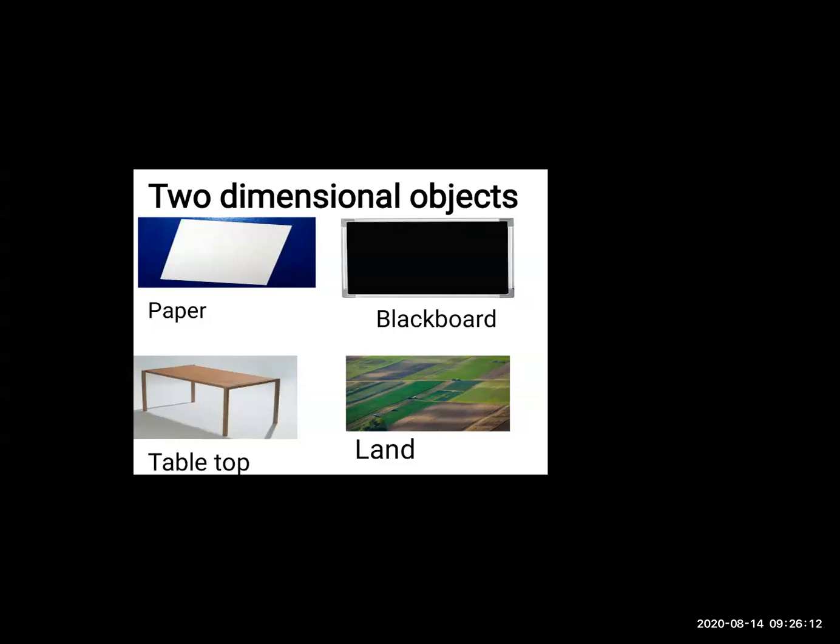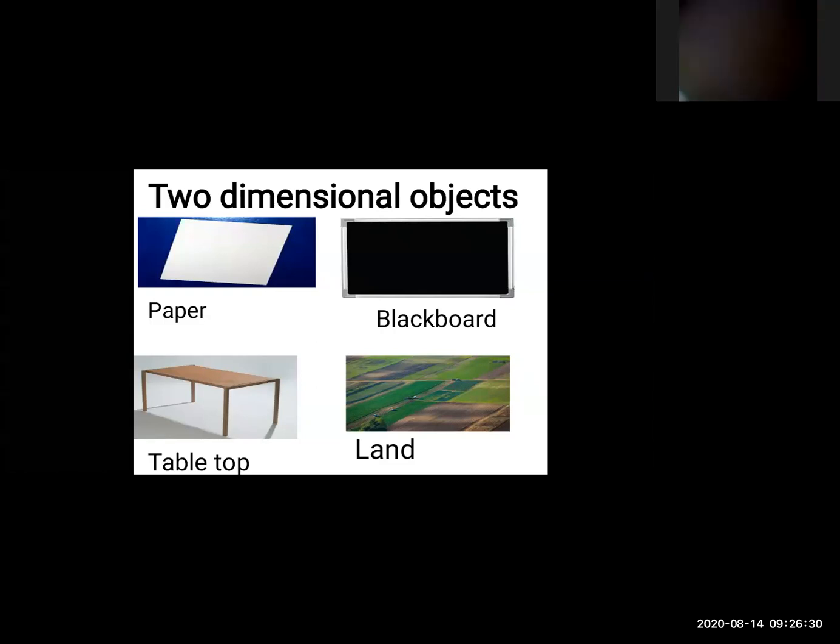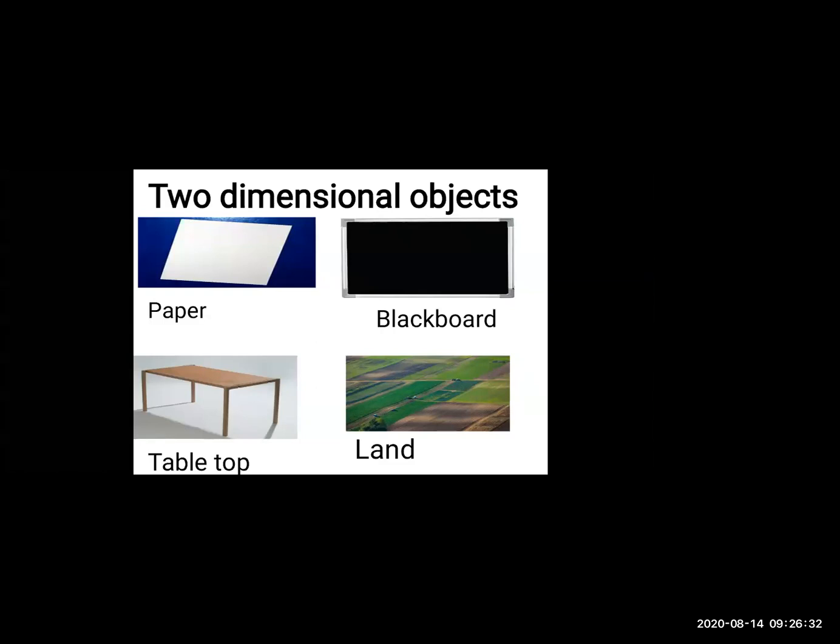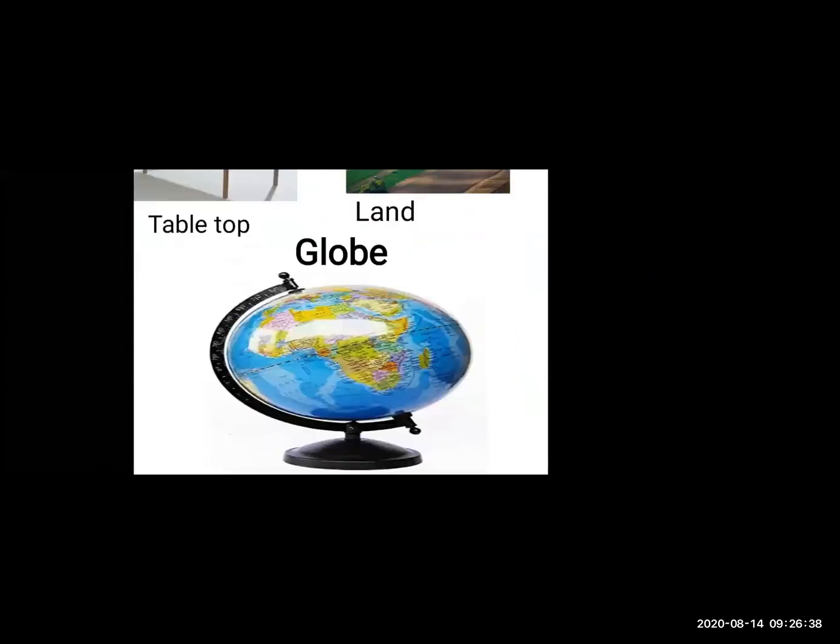Disha, answer the question. Disha, answer the question. Okay, Pooja, answer the question. Sir, book. Okay, the surface of a book, that is a two-dimensional object. Very good, beta. Okay, next step.